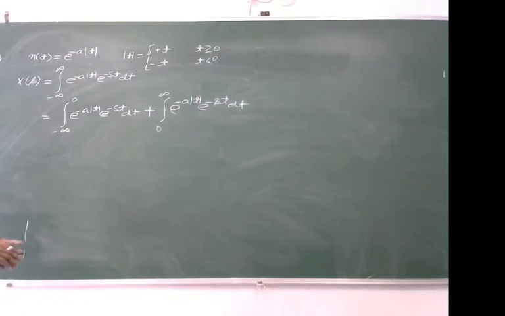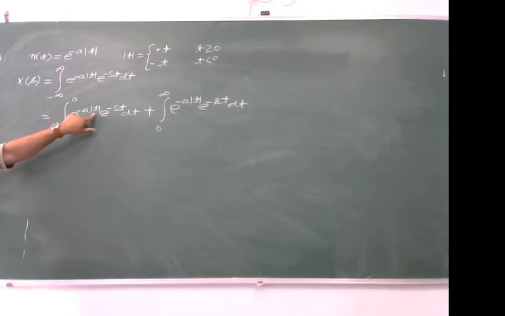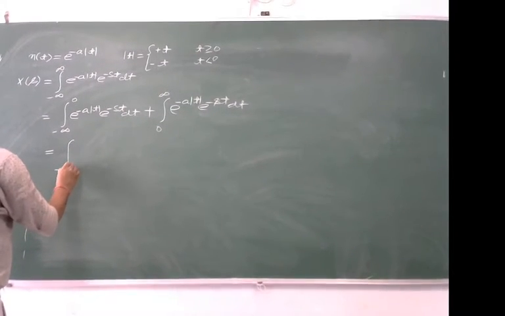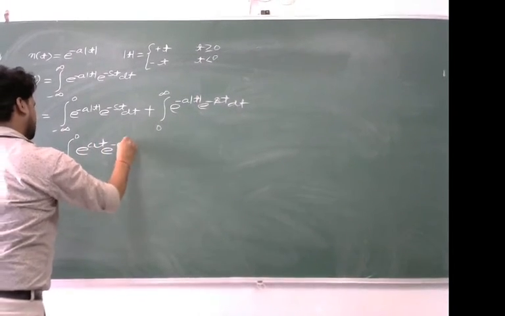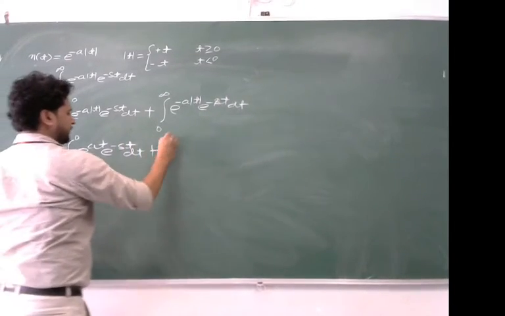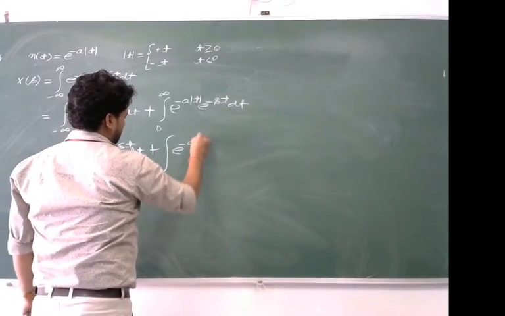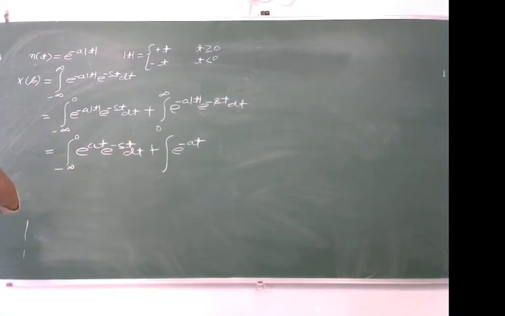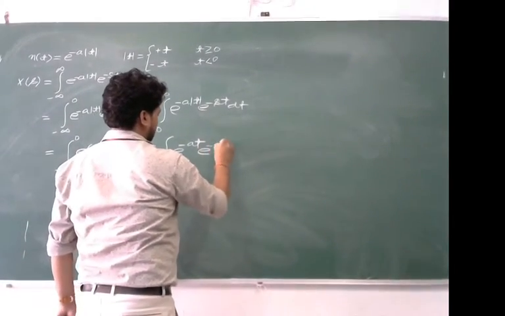Here the limit contains only negative values of t, and for negative values of t, mod of t will become minus t, so e power minus a mod of t will become e power plus at. This is from minus infinity to 0, e power plus at e power minus st dt, plus in the range from 0 to infinity, for positive values of t, mod of t will become equal to plus t, so I will write it as e power minus at into e power minus st.